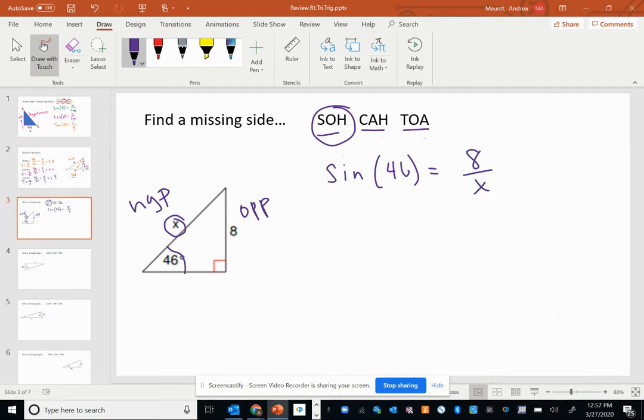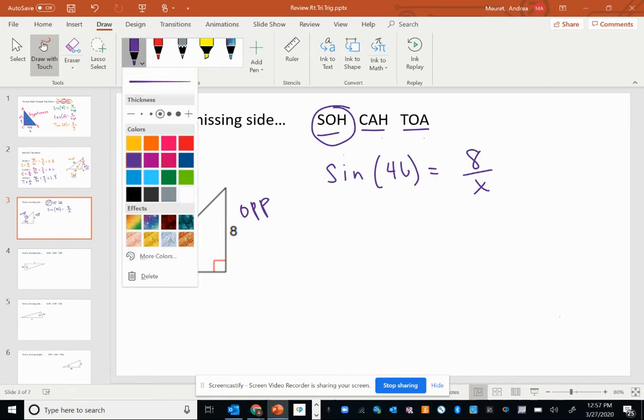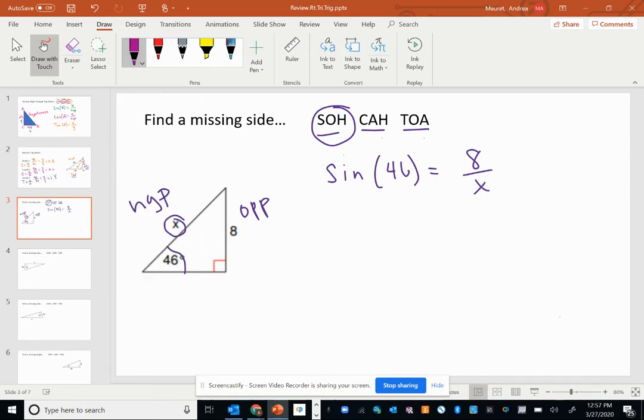And to solve this equation, we can just make it into a proportion. There's lots of ways to do this, but a proportion makes it pretty simple. So remember that you can always put 1 under any value and it doesn't change its value. So since the sine of 46 is just a numerical value, if we put a 1 under it, nothing has changed.